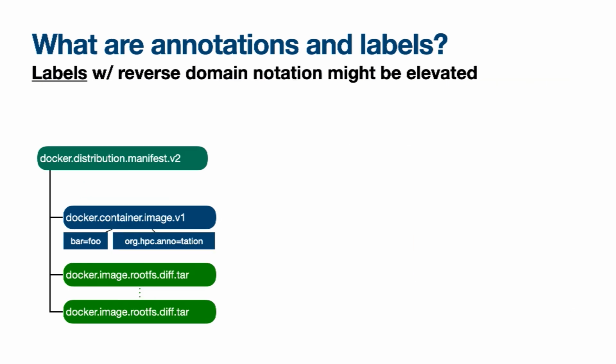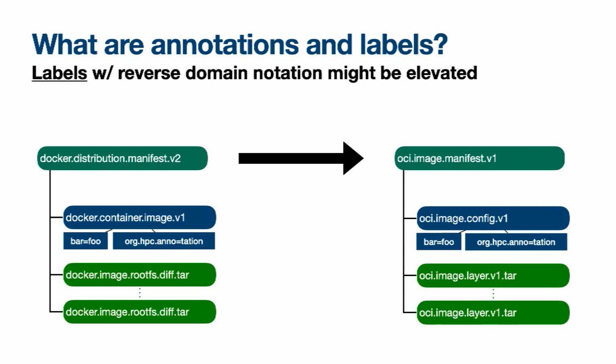The other part is that if you have a reverse domain notation, and I have one here, like the org HPC annotation as a label, then I would propose that within the HPC container conformance project, if you want to be conformant, you can take this annotation or this label within the config object and elevate it to an annotation, because it has this reverse domain notation format. And why differentiate these two?